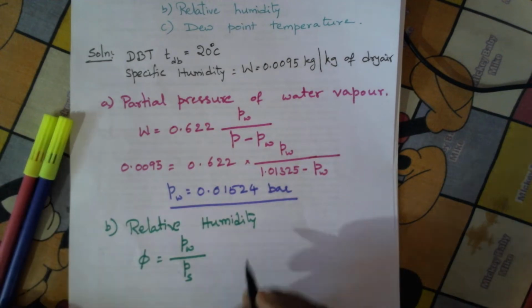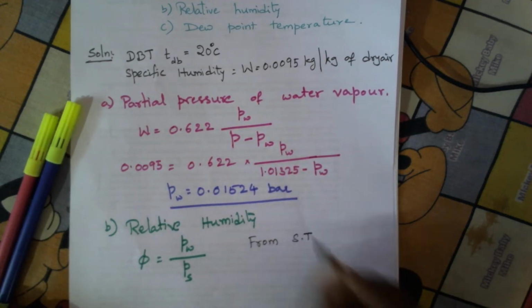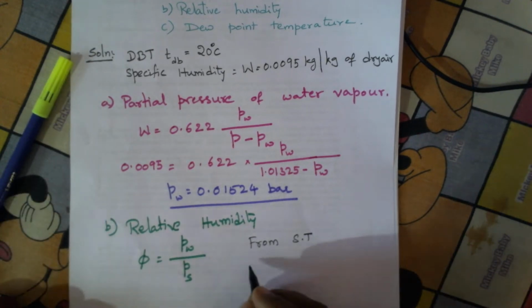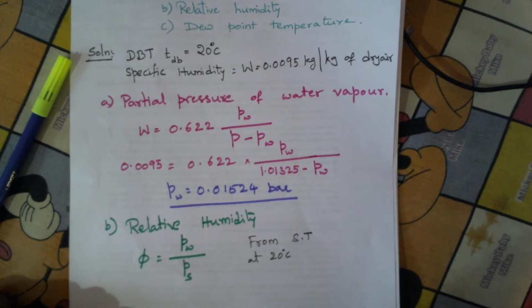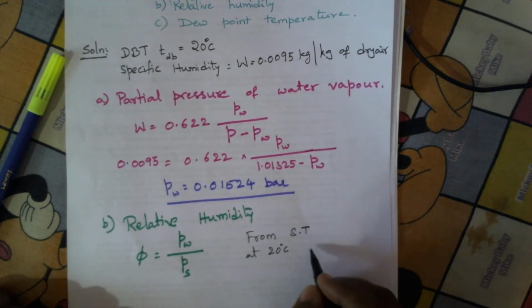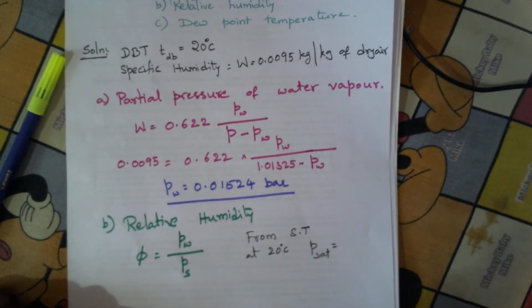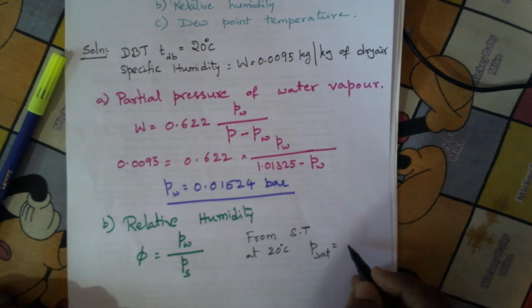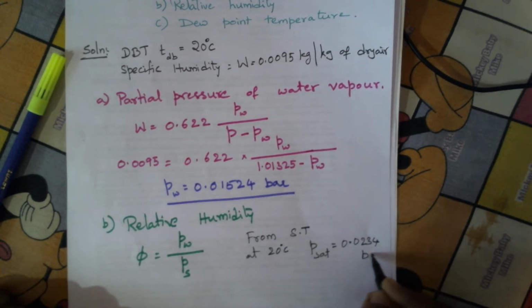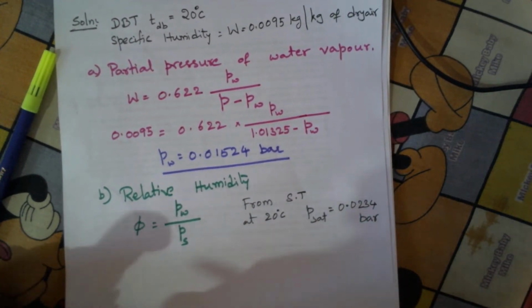From steam tables at 20 degrees centigrade, what is the value of P sat? P saturation you have to get. If you refer the steam tables at 20 degrees centigrade, saturation pressure is given by 0.0234 bar. So what is the next step?